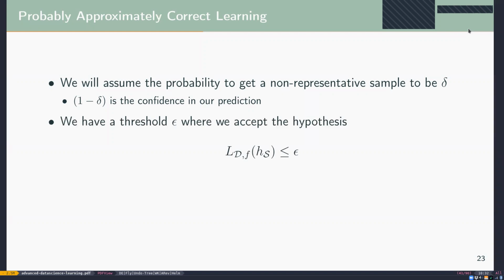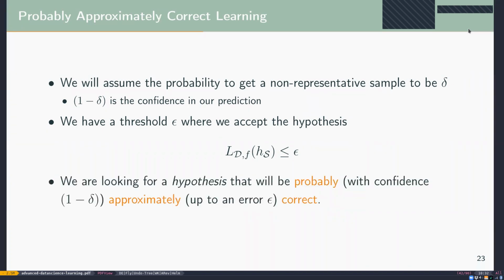Then we're going to say the solutions that I'm looking for are the solutions so that whatever my empirical risk is, I want to guarantee that the true risk is smaller than epsilon. Okay? So now that means we're looking for hypotheses that are, I'll have to read this, that are probably, with confidence 1 minus delta, approximately, up to an error, correct. Right?